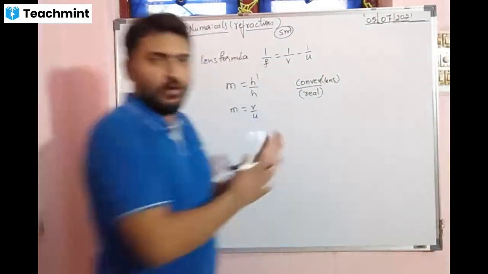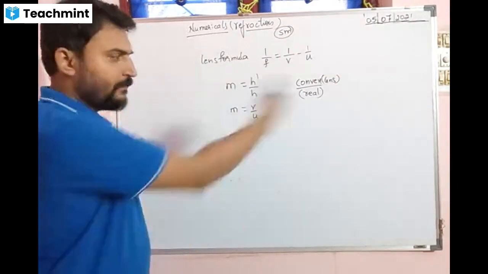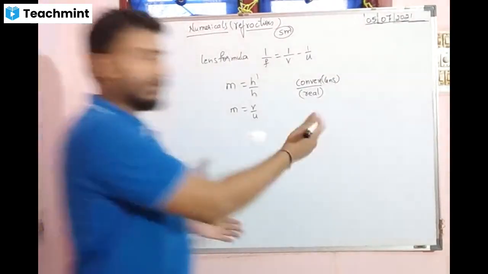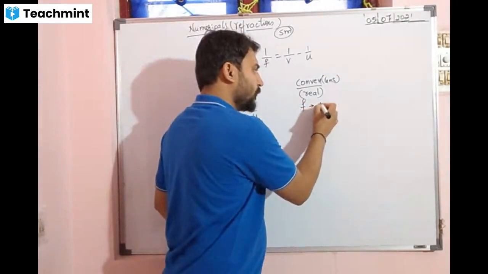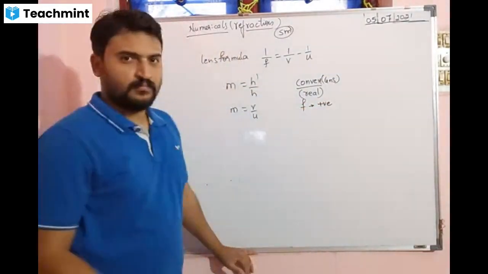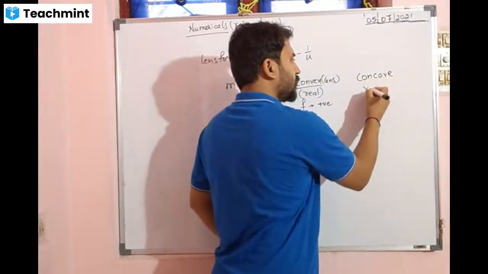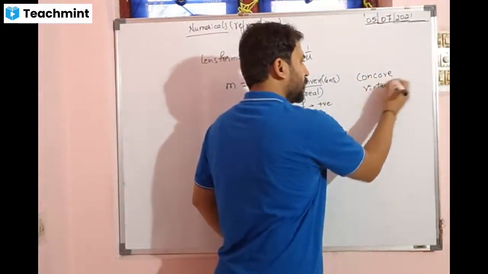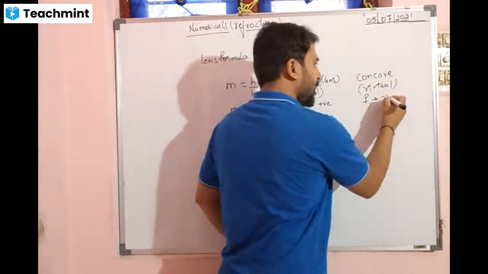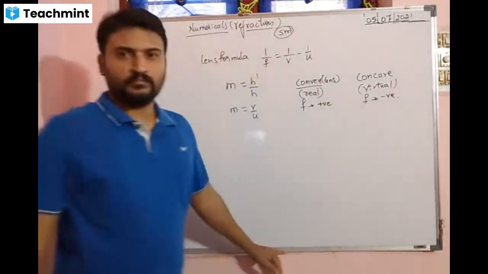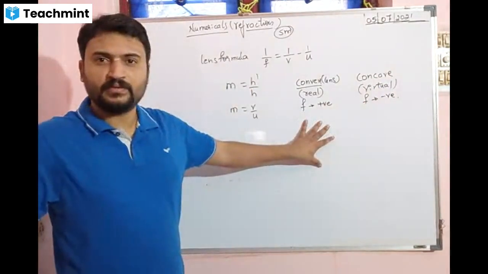Real image means the object will be on the left side, the image will be on the right side. Right side means you will consider F is always positive. For the concave, which forms a virtual image, F is considered to be negative. So you need to remember this before we solve.